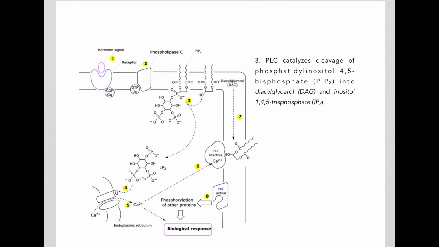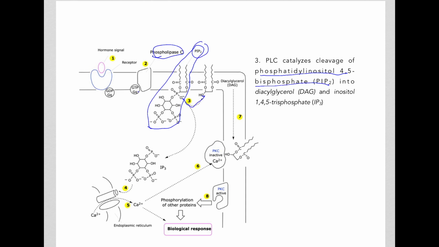So once this enzyme becomes activated by the GQ protein, this enzyme now will catalyze the breakdown of the substrate here. This is called phosphatidyl inositol 4,5-bisphosphate, or PIP2. This PIP2 will be broken into two parts.